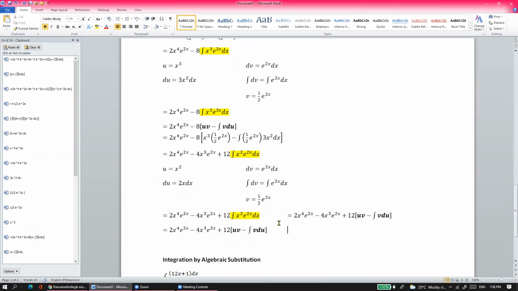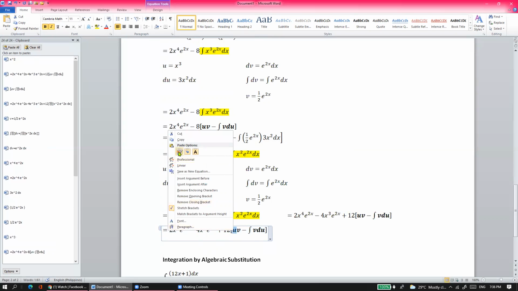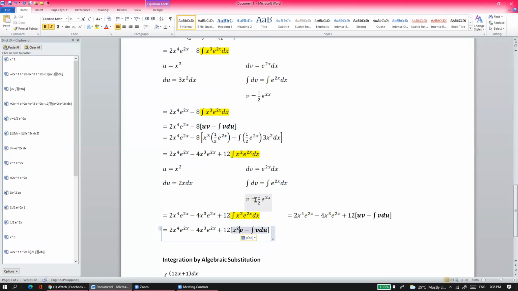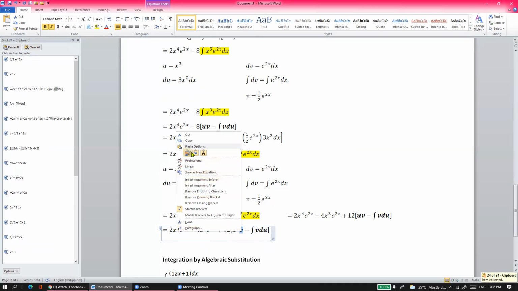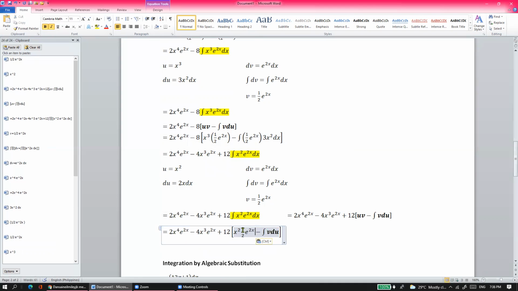Now, in this case, papalitan naman natin ngayon ng u ng x squared sa solution natin. So, yung u dito is magiging x squared. While b will become 1 half e to the 2x. So, palitan ko rin yung mga b dito. Then, lagyan ko ito ng parenthesis uli.